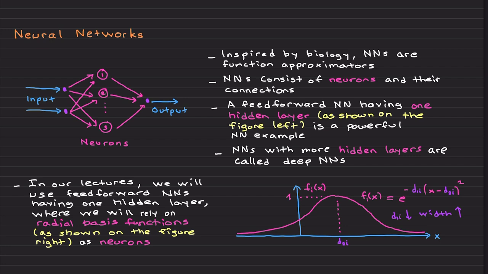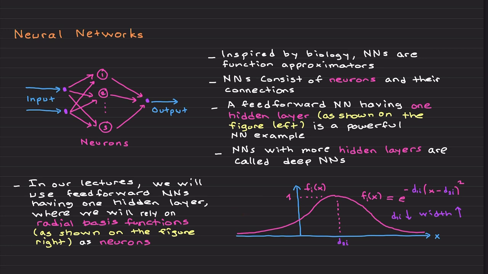If you add more hidden layers, 2, 3, 4, 5, and so on, then these neural networks are called deep neural networks. In our lectures, we are going to use this feed-forward neural network, and we are going to use radial basis functions as their neurons. And here is one radial basis function.